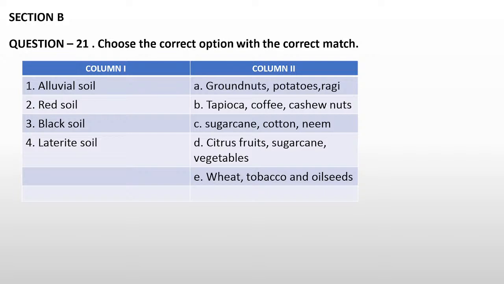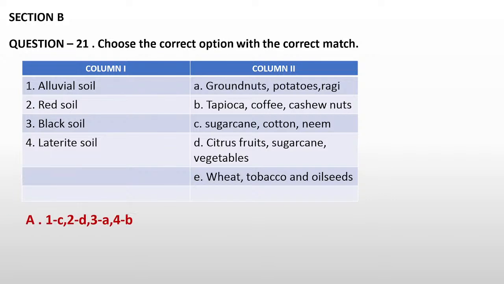And in column 2, you have A. Groundnuts, potatoes and ragi, B. Tapioca, coffee, and cashew nuts, C. Sugarcane, cotton, and neem, D. Citrus fruits, sugarcane, vegetables, E. Wheat, tobacco, and oilseeds.